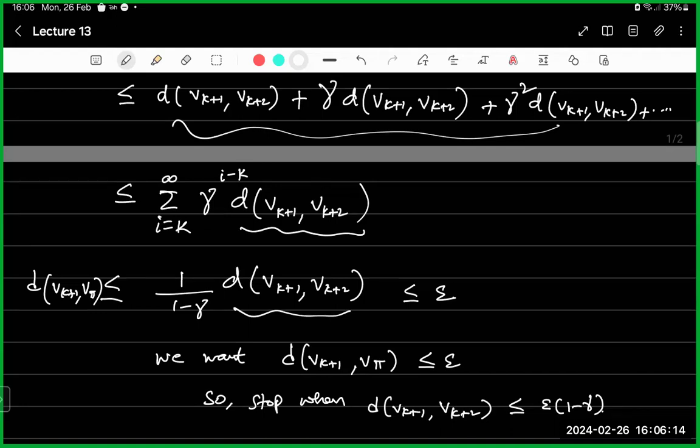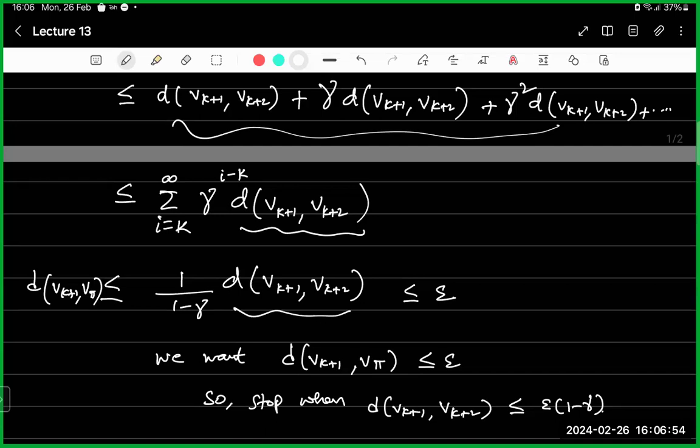You already know gamma from your MDP formulation. Now you just keep applying vk plus 1 equal to f pi of vk till the difference between two successive vectors is less than or equal to that number. That will give you a stopping criterion: when can you stop your algorithm so that you reach your desired accuracy?